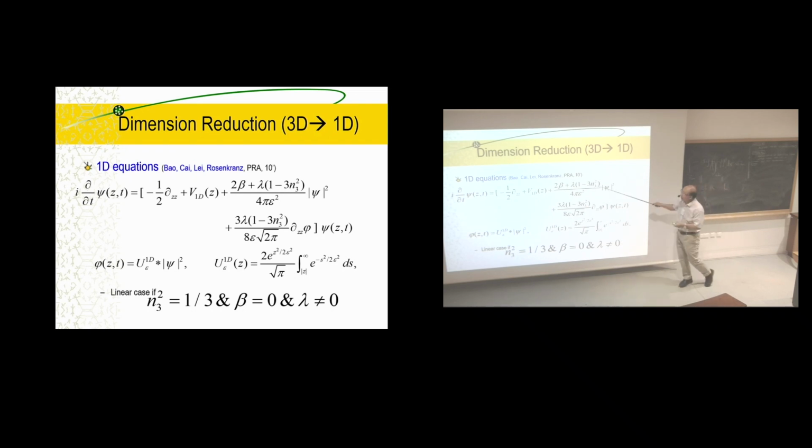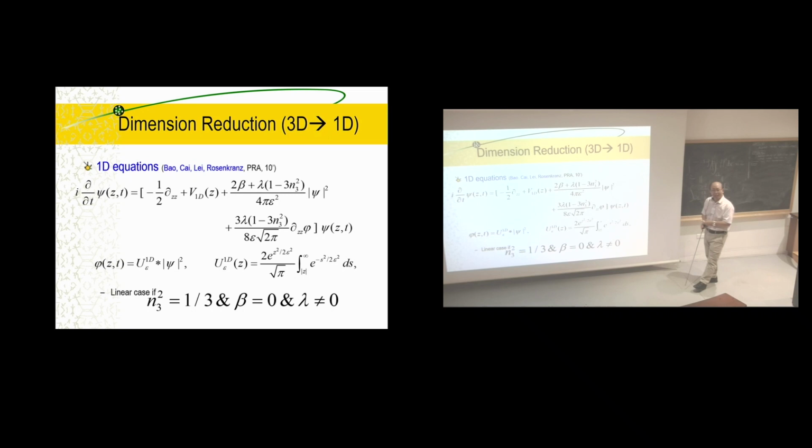However, in this case, if I choose 3 cos squared theta minus 1 equal to 0, there's a magic angle, because the trapping potential is strongly confined in the xy direction and order 1 in the z direction. If the angle satisfies this, you can see this term goes to 0, this term goes to 0.